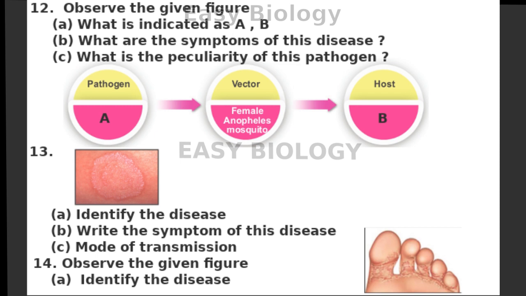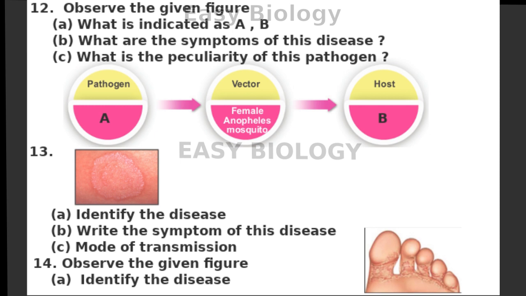Question 12C. What is the peculiarity of this pathogen? Answer: the pathogen is Plasmodium. It is a protozoa. Protozoans are unicellular eukaryotes.